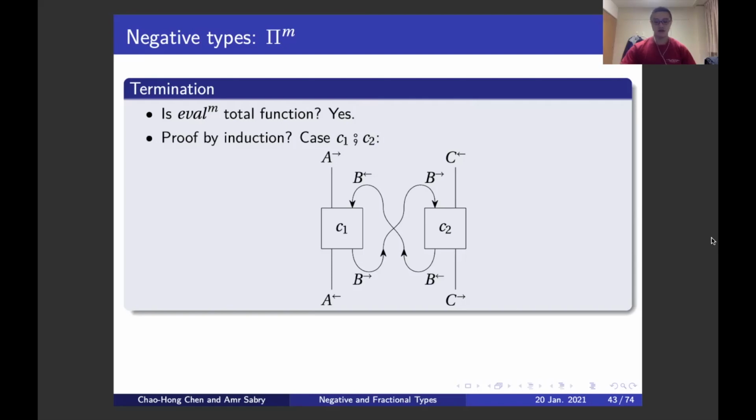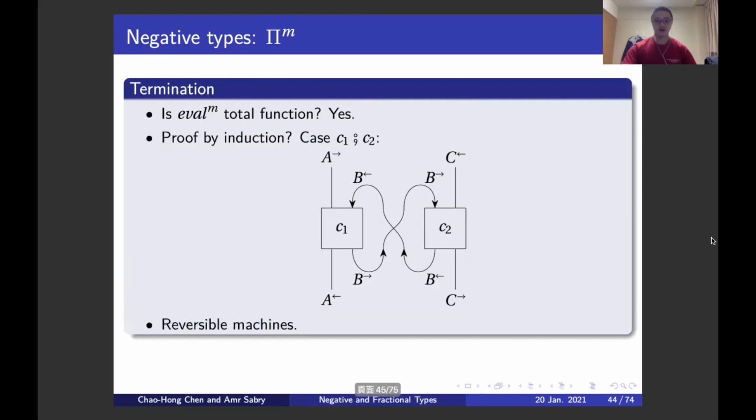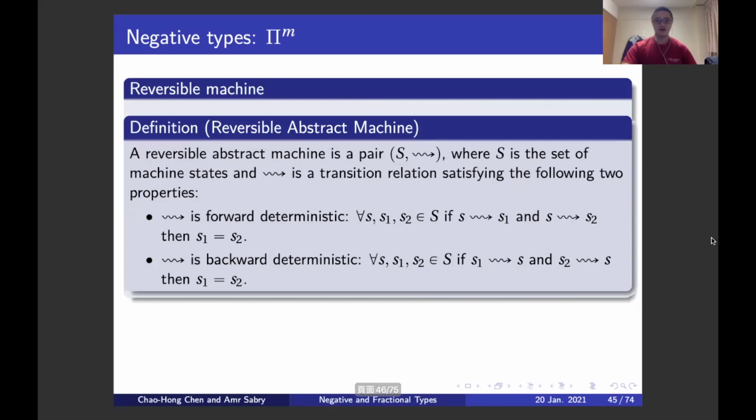So let's take a step back and think about something more fundamental. The machine we are defining is a reversible machine. So first, let's revisit the definition of a reversible machine. A reversible machine is a set of machine states and a transition relation which is forward deterministic and backward deterministic.